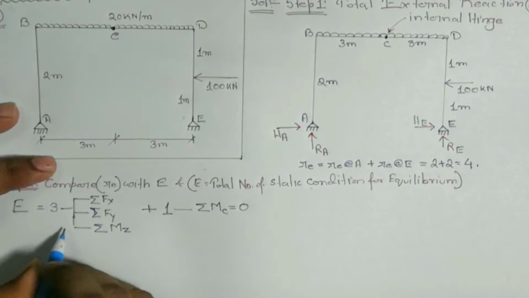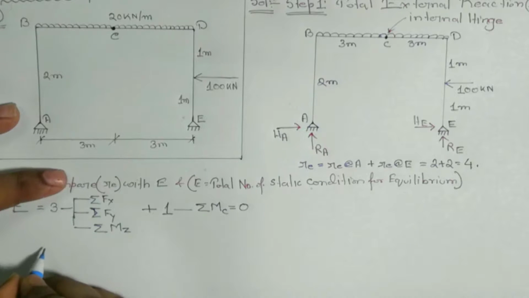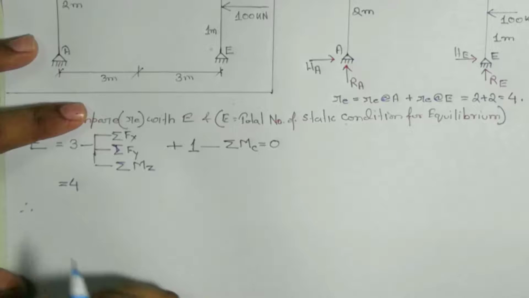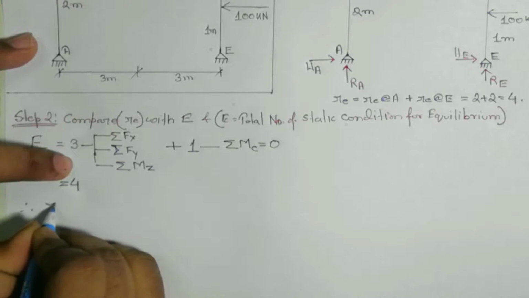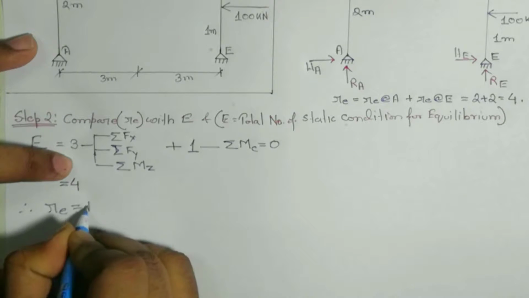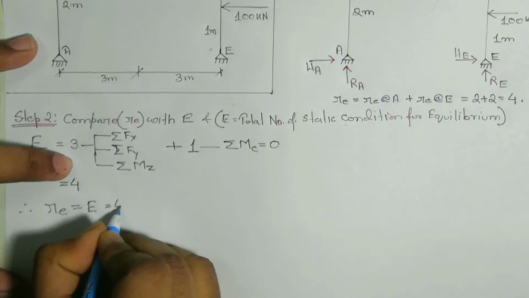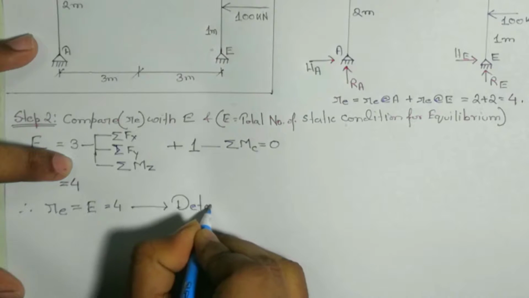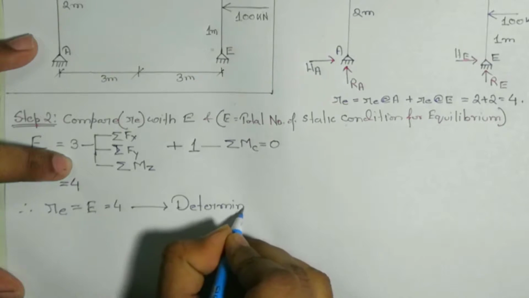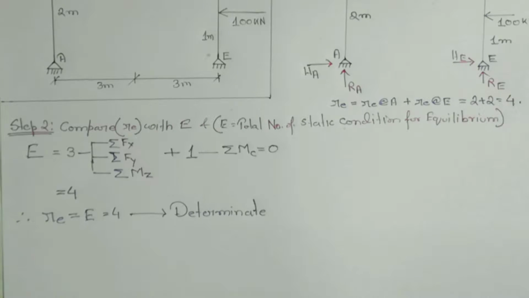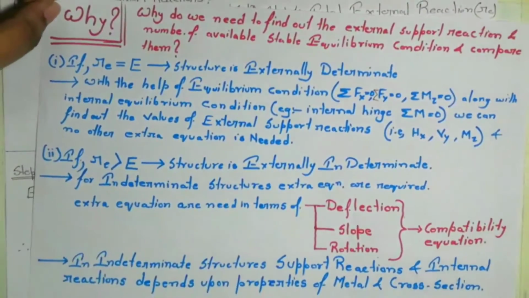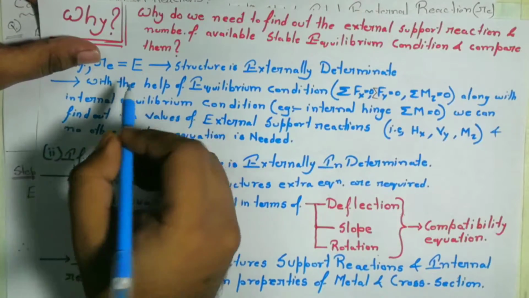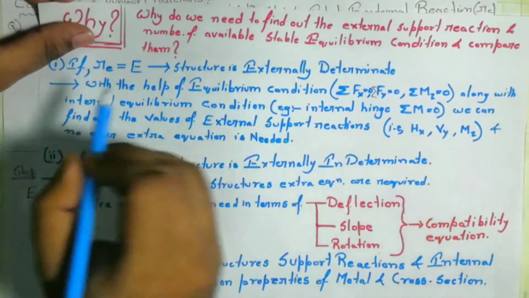It is 3 plus 1, it is 4. Therefore, we can say that RE is equal to E, which is 4. So the frame structure is determinate. It implies that since RE is equal to E, it is determinate.